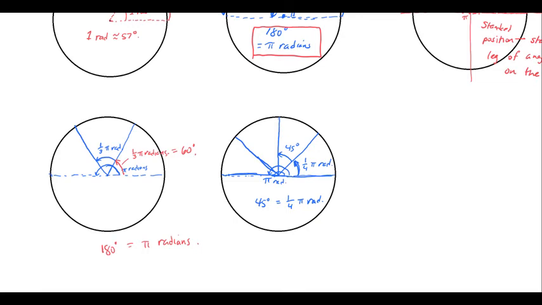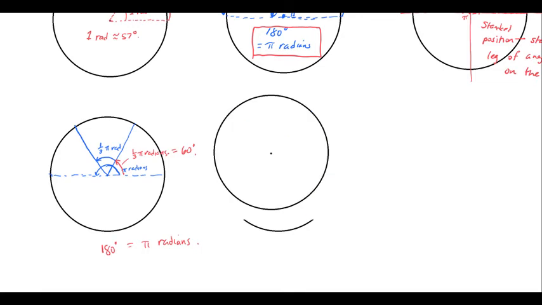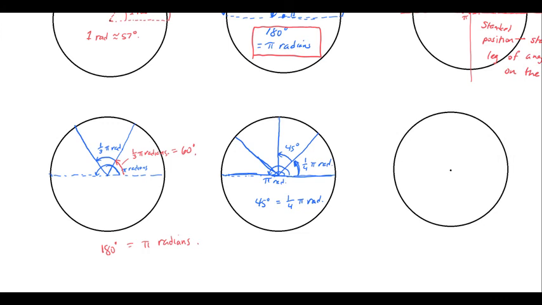All right, one more, and then we're done. Let's suppose I take this semicircle and divide it into sectors where each sector has an angle of 30 degrees.